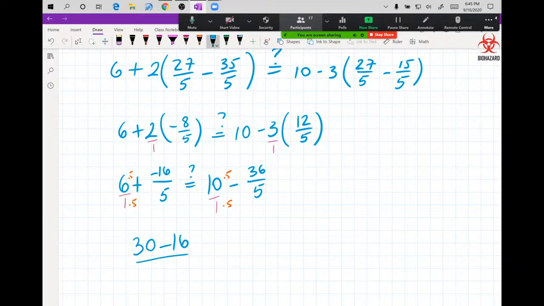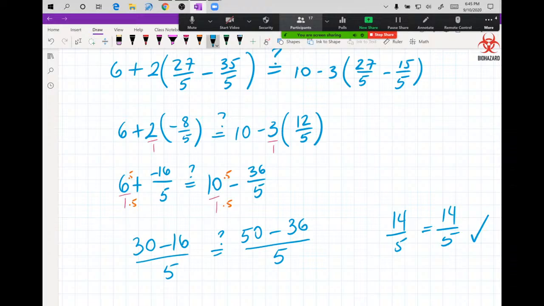Minus 16 over 5 should be the same as 50 minus 36 over 5. 14 over 5 equals 14 over 5. Yes. Same numbers on left and right. So your solution of 27 over 5 was perfect.